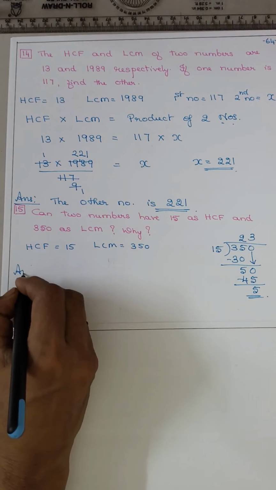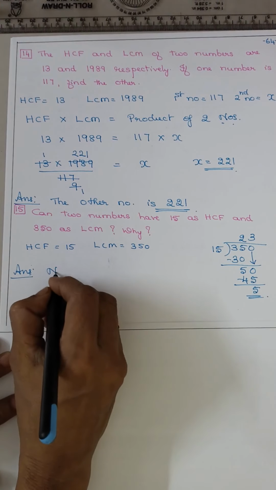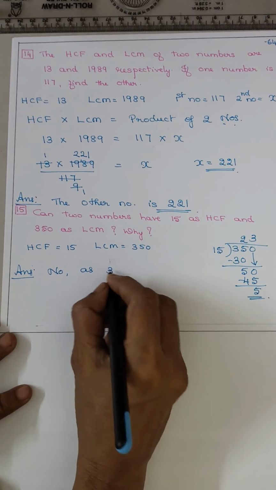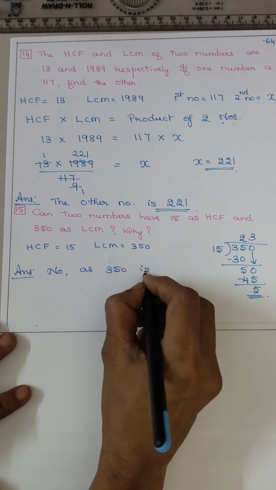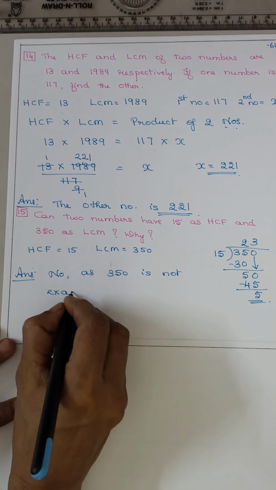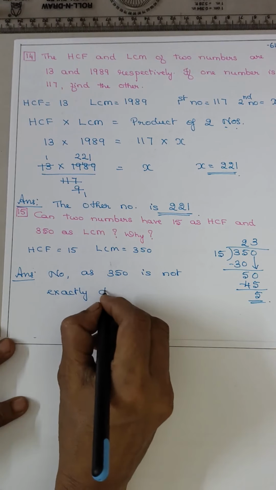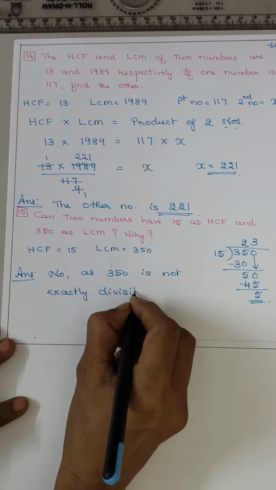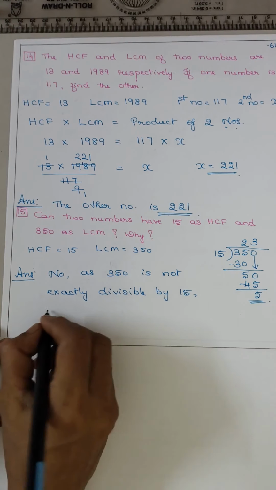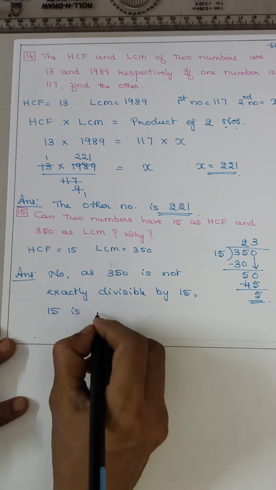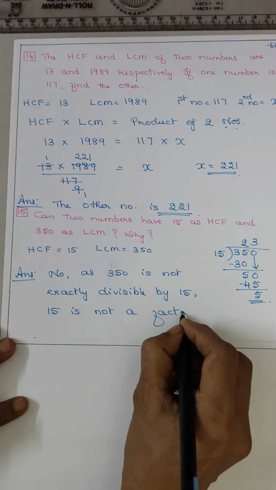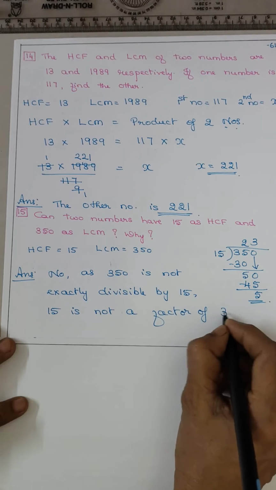So the answer: no, as 350 is not exactly divisible by 15. 15 is not a factor of 350.